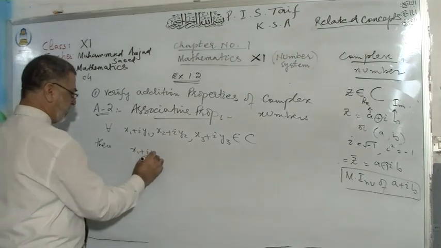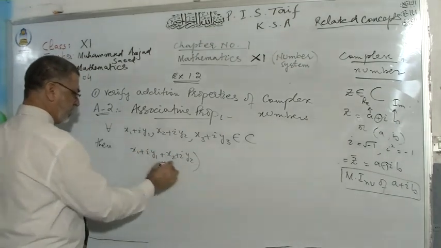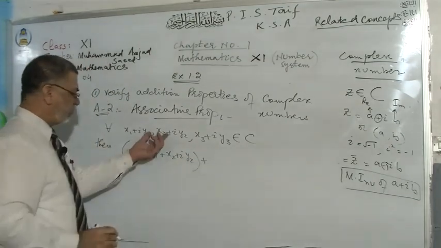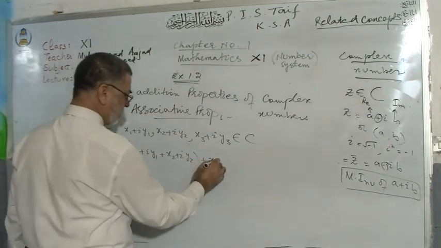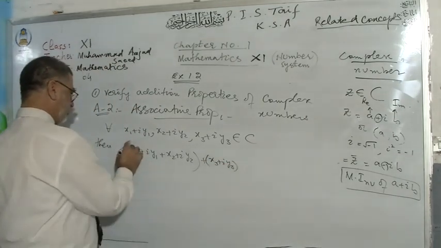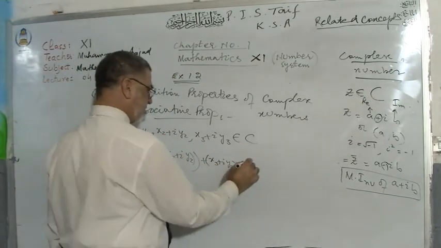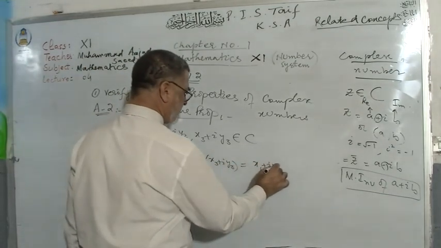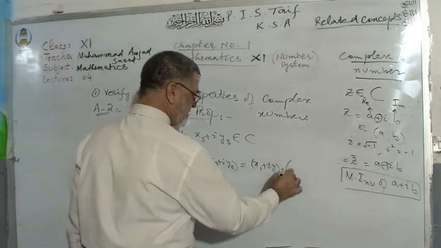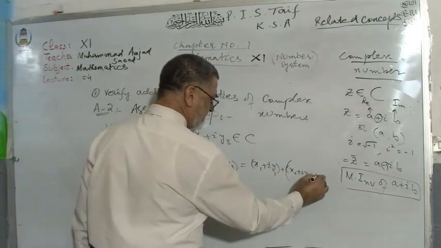Then x1 plus iota y1 plus x2 plus iota y2, first two are added and the third is separate, is equal to the first separate and the second and third added.